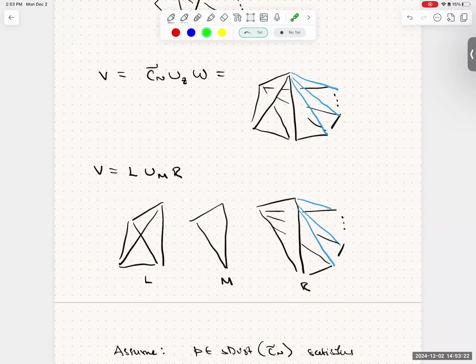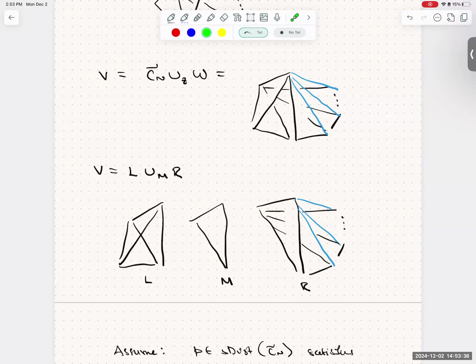Essentially, I have this delta 2, and a boundary of delta 3 glued to that delta 2, and then you have this other cycle scenario on the other side of it.